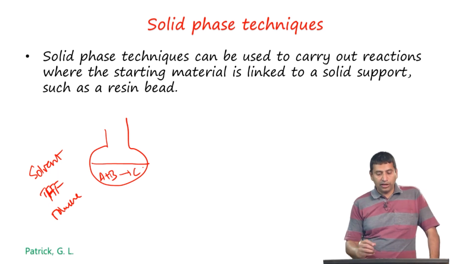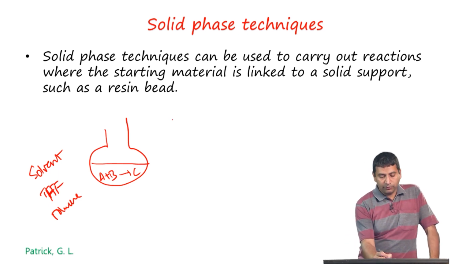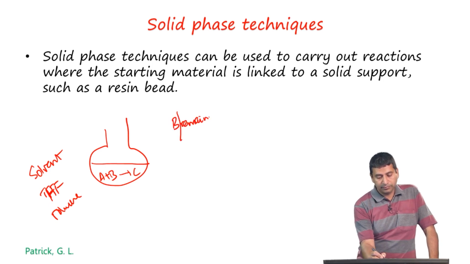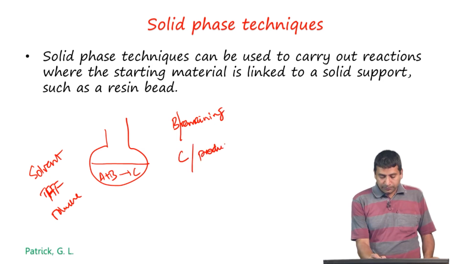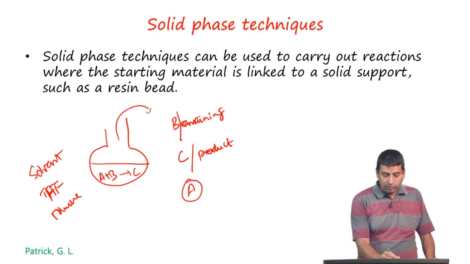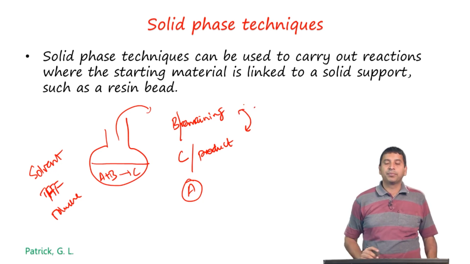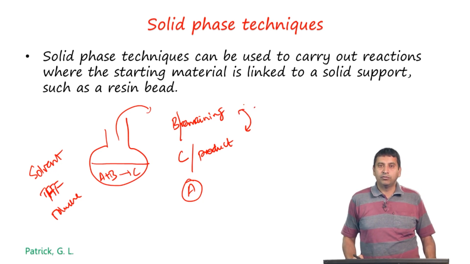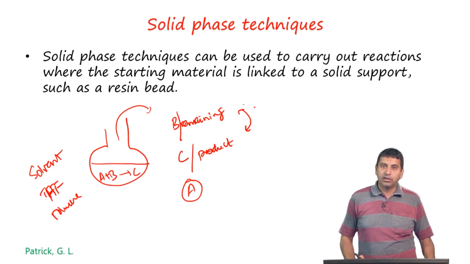So, let us say at the end of the reaction you have B remaining, you have C that is being produced and A is completely consumed. So, here what you would need to do is to take this out and then separate B from C.